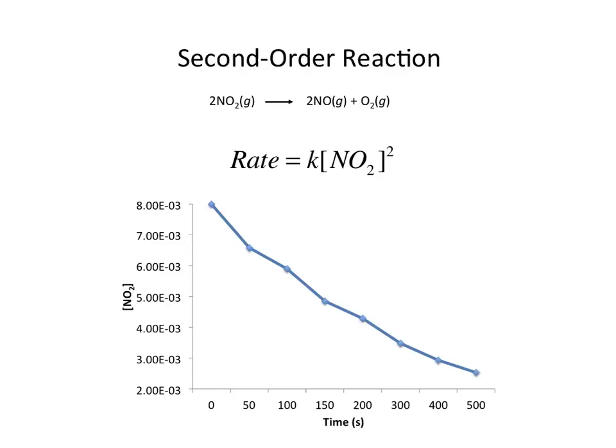Now let's consider a second-order reaction, in this case, the decomposition of NO2. So since it is second order, our rate law is going to equal rate equals the rate constant k times the concentration of NO2 squared.